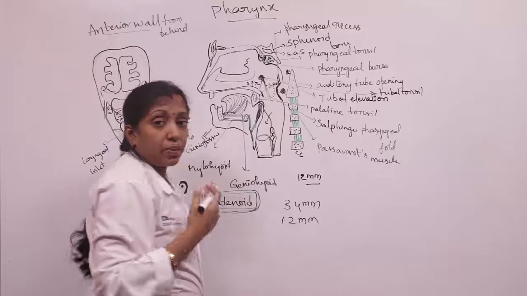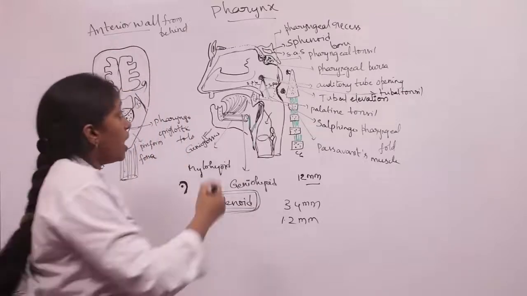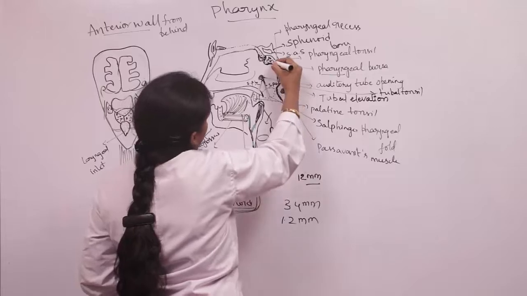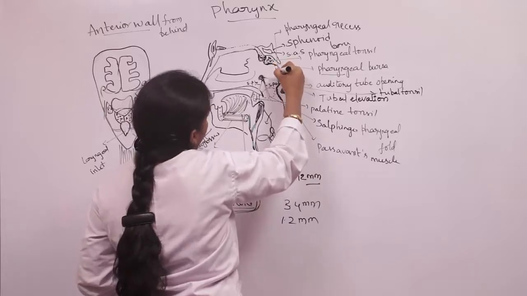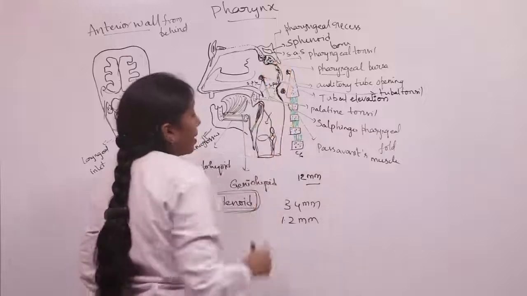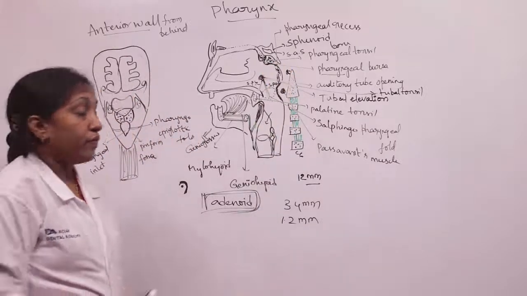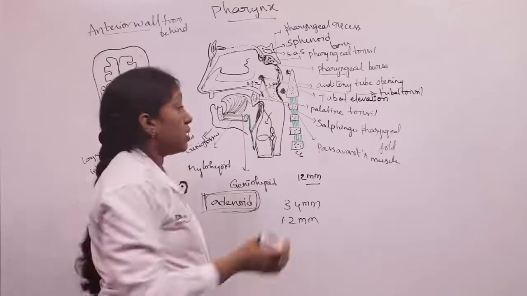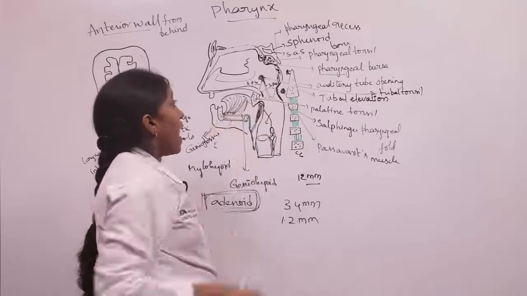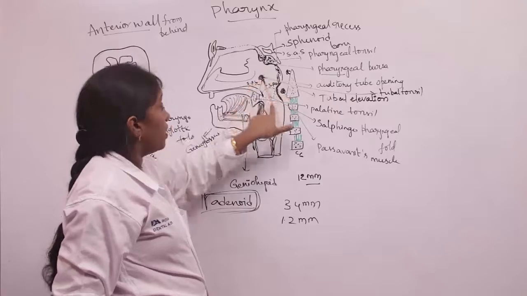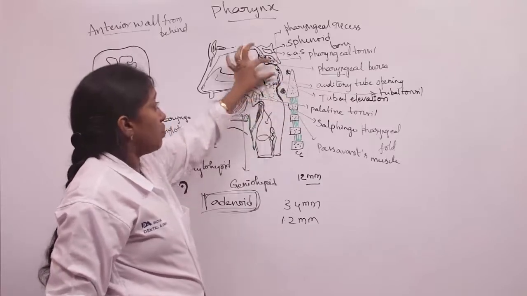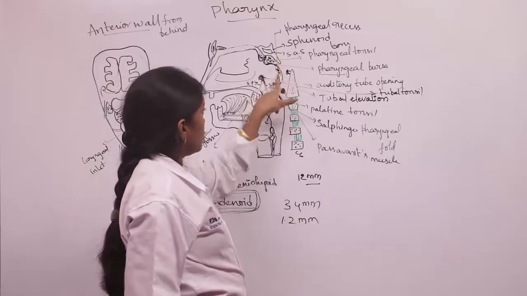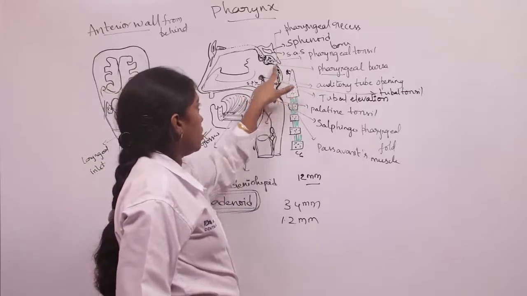The pharyngeal recess is a mucosal depression behind the salpingopharyngeal fold, and sometimes the nasopharyngeal tonsil extends into this recess.